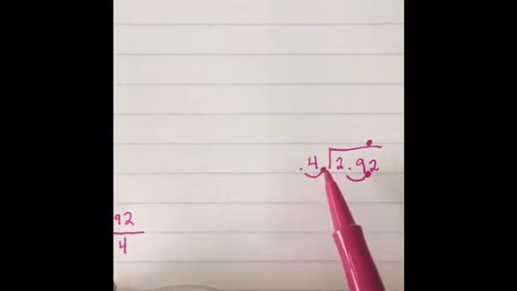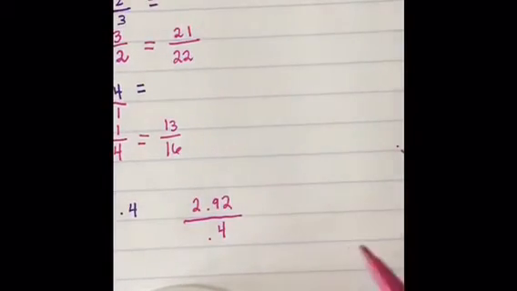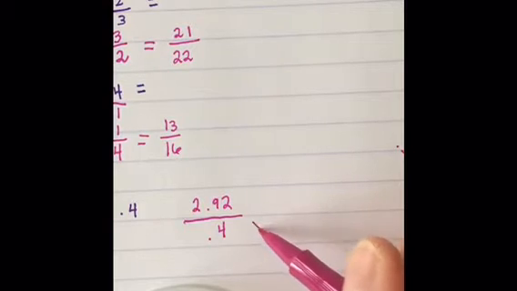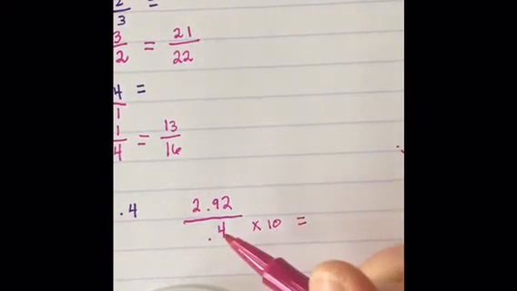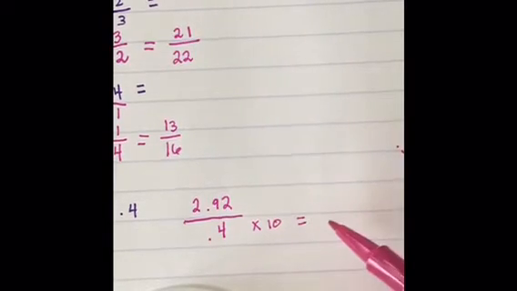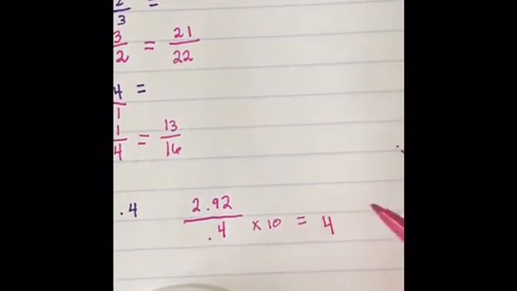So we can do it by moving decimals, or we can do this, which is the same thing as moving decimals, and we can say, well, all we have to do is multiply it by a 10 to move that decimal one time, and 0.4 times 10 is now 4. You could do that on a calculator and see that that does work, or you could do it on your paper.